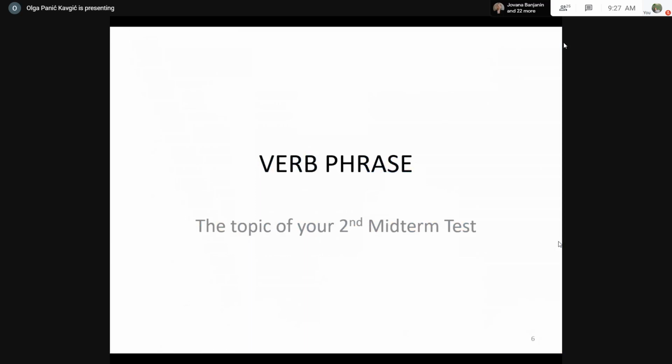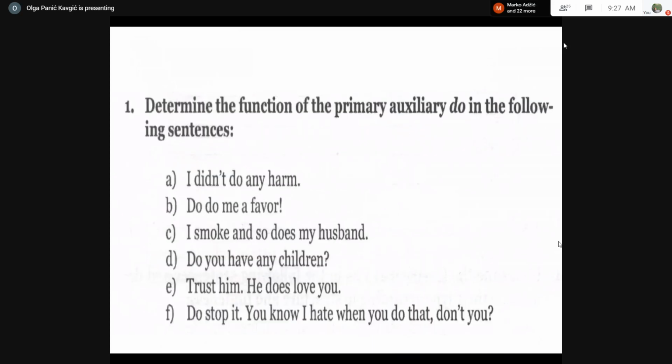So the second unit deals with the verb phrase, and this should be the topic and content of your second midterm test, which hopefully will take place at some point. If you look at the first exercise in this second unit, in terms of the task you are given, it belongs to the first unit. Why?